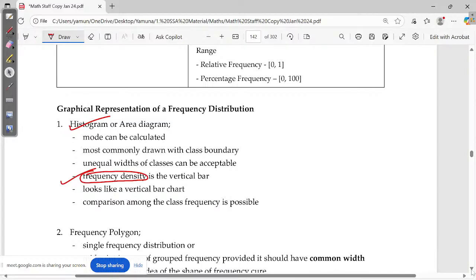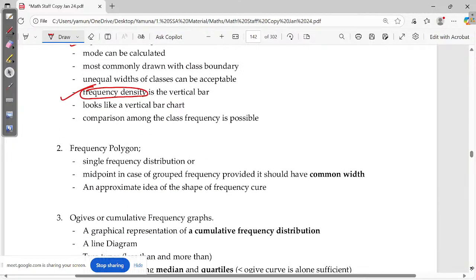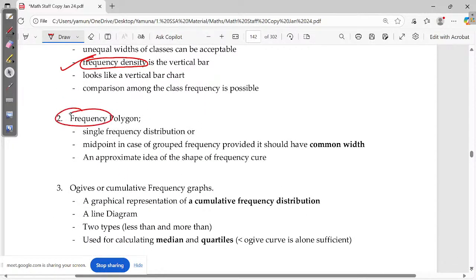You have to go for drawing frequency density. This was asked once in the exam. The picture was given and they asked to find what is wrong with the picture. Interpretation question. And for frequency polygon, we have to draw the midpoint only if we have the common width.